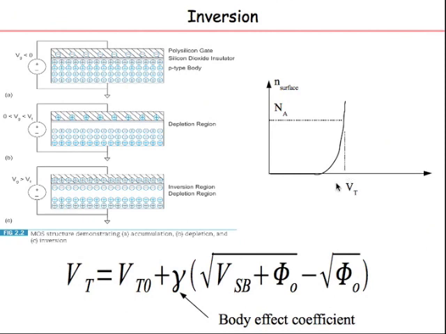So when the gate voltage reaches about Vt, the concentration is the same as Na. Na is the concentration of acceptor impurity atoms which you have introduced to make the material p-type. As I said, this threshold voltage is an important parameter. For digital circuits, if I'm below the threshold voltage, even though there is some concentration here, this is an exponential scale. Very quickly, for every 100 millivolts, you have a drop of 10 in the concentration.